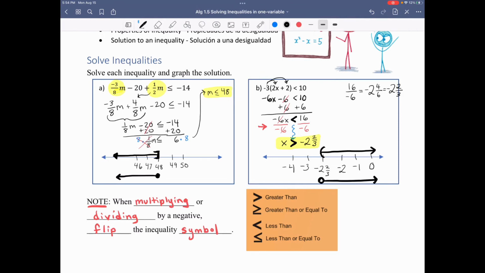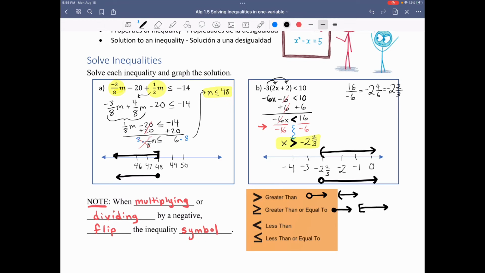And in this orange box, there's a little reminder for you that this is the greater than symbol, and when we have just a greater than, we use an open circle pointing to the greater direction, to the right. Or we can use a parenthesis pointing to the right. When it's greater than or equal to, we would use a closed dot pointing to the right, or we would use a bracket pointing to the right.